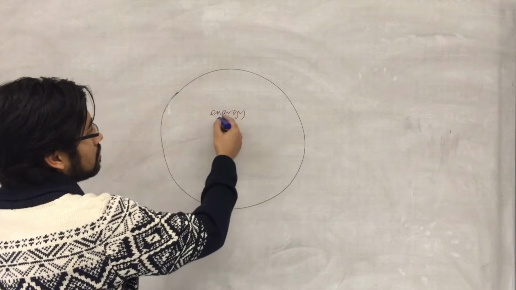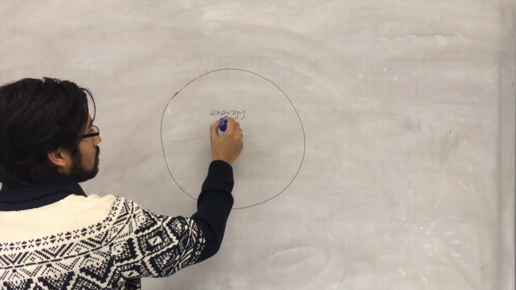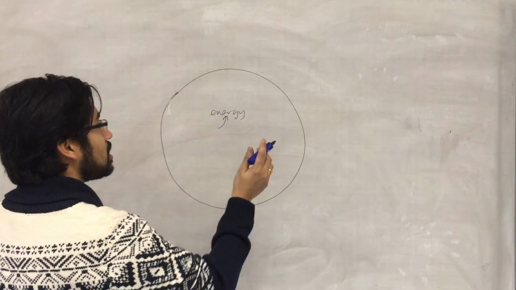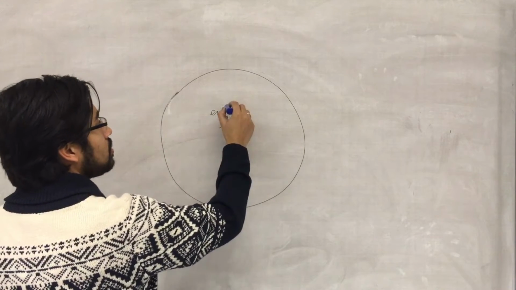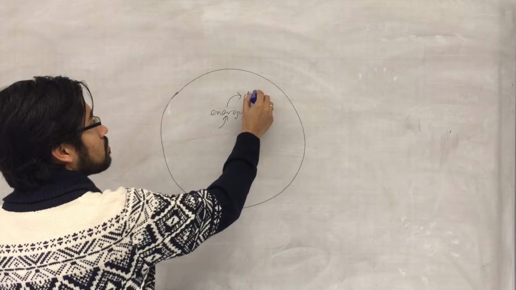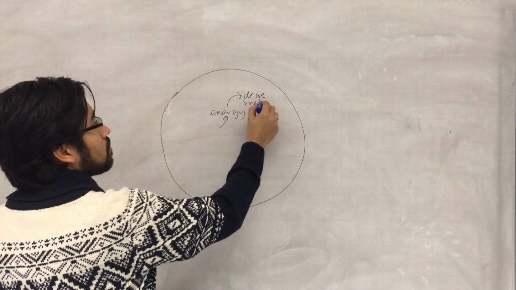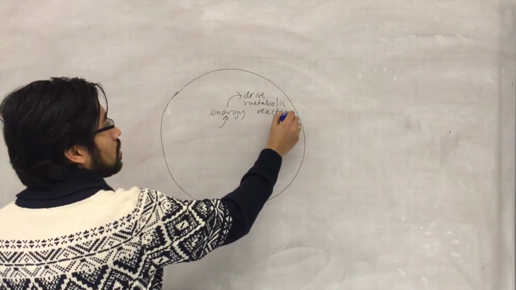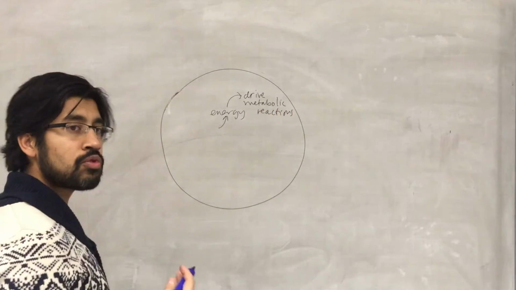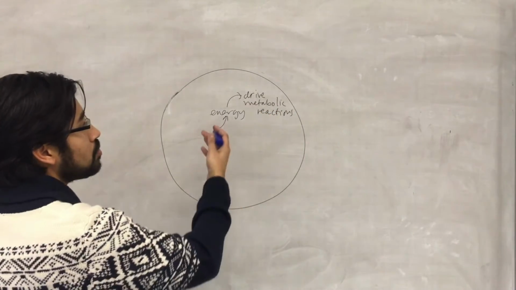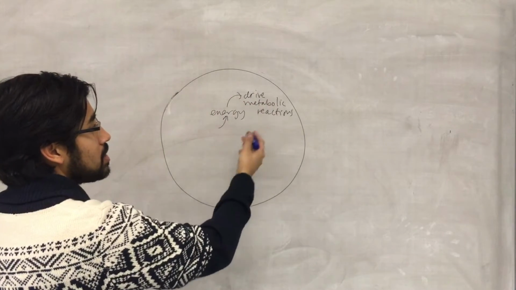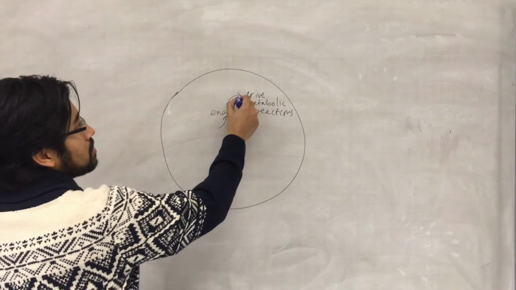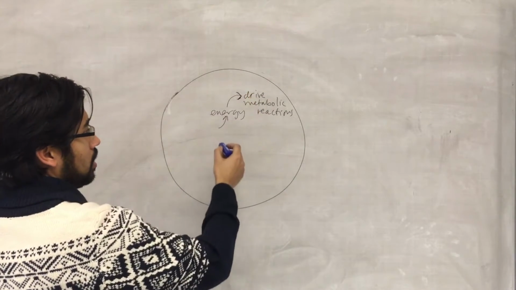The main thing is it has energy, and the energy it uses to drive metabolic reactions. And essentially, if you keep driving those metabolic reactions, that is the process of life in the cell. And by extension, even whole organisms.